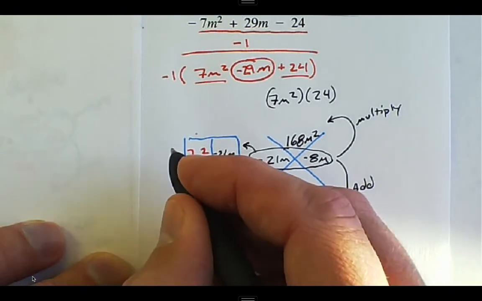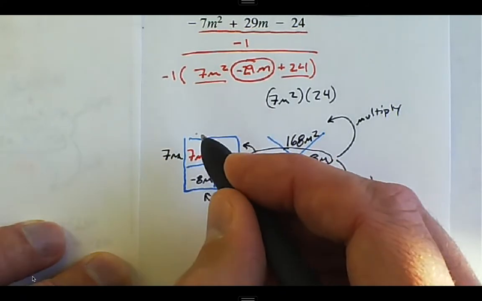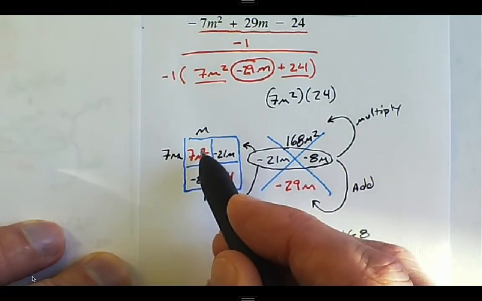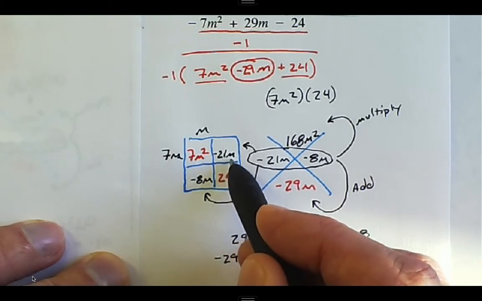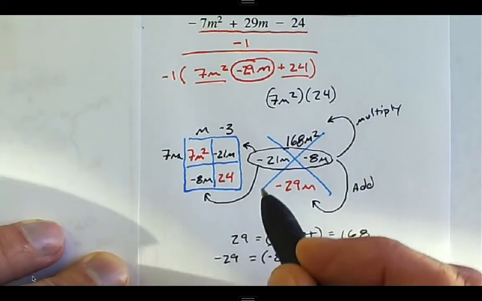So hopefully we said 7 goes there, and then we just have m there. So 7m times m is 7m squared. Now we need to get to negative 21. So 7m times what will get us negative 21? And that is going to be negative 3.